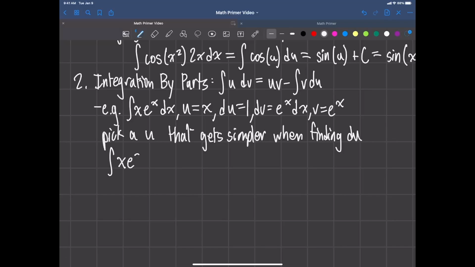So, back to the problem, if we get the integral of x times e to the power of x, that just equals u times v minus the integral of v times du. And what is du? It's just 1 dx.